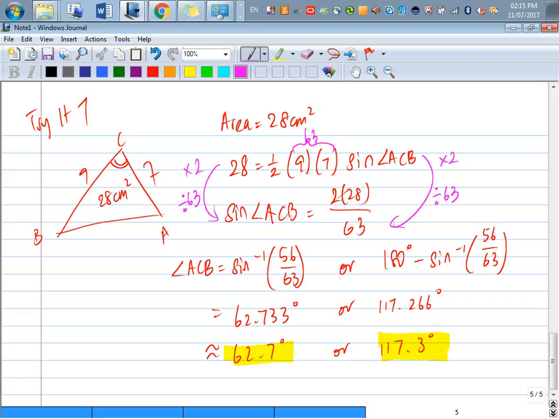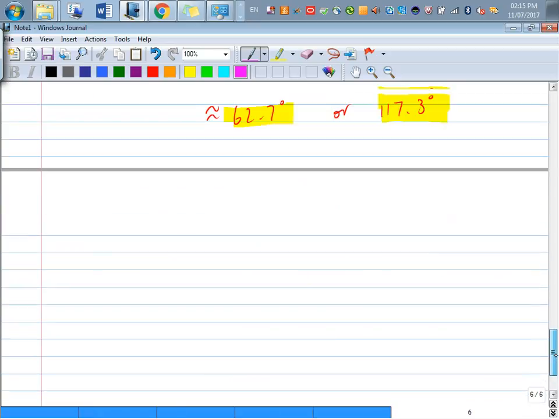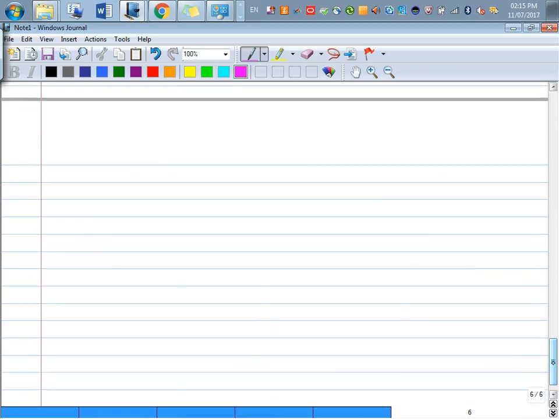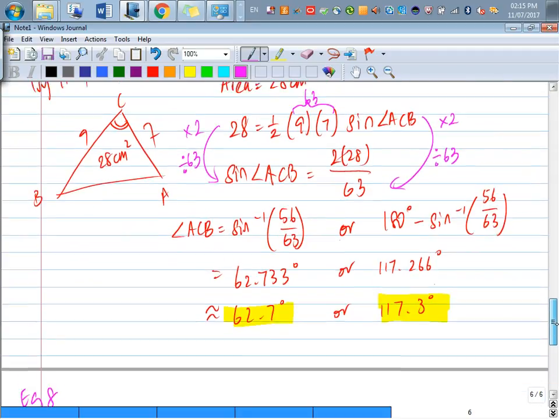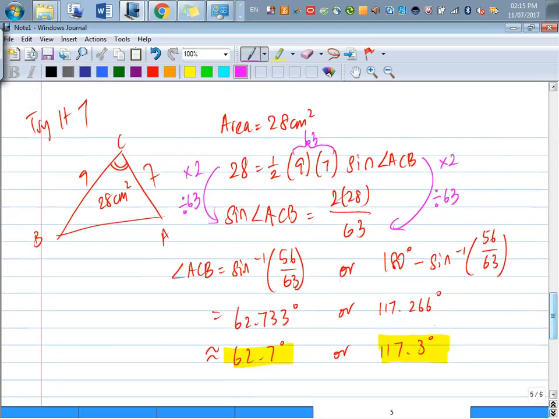Okay, I'm moving on to example number 8. Those who are done, go and read example 8 first. Try to understand the question. Right.